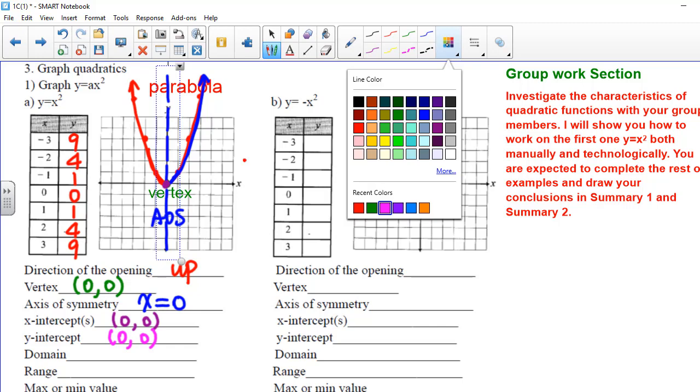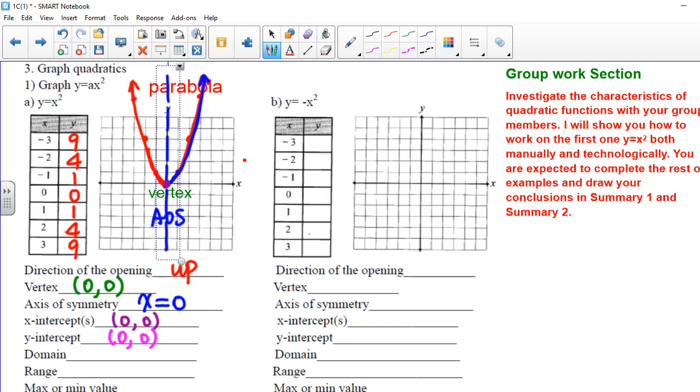If we look at this graph, you will see both of the ends can go up forever. This means your x can go all the way to negative infinity and positive infinity. Therefore, the domain for the quadratic function is x can be all real numbers. Let's look at the range.